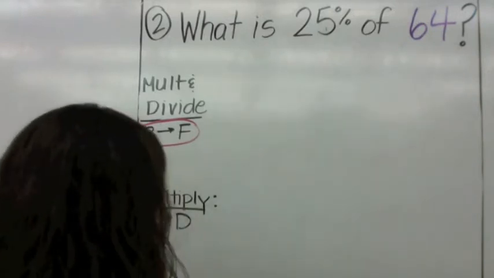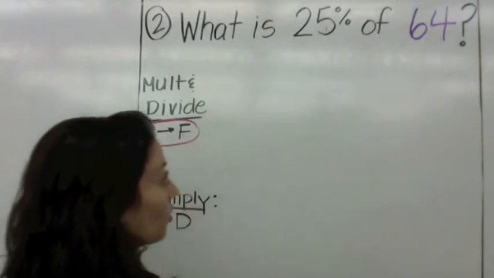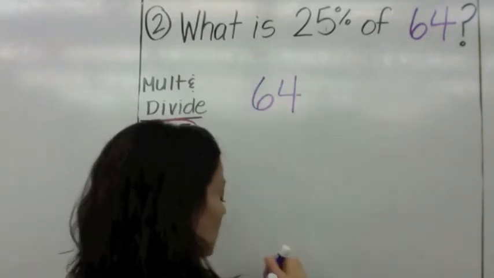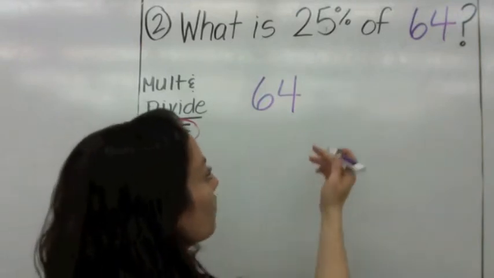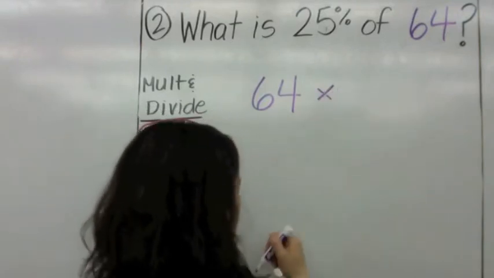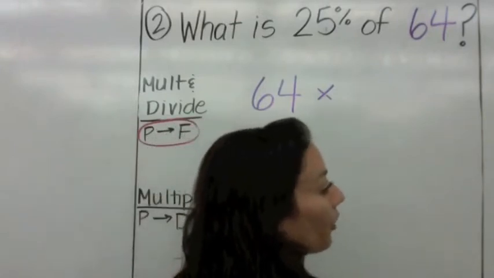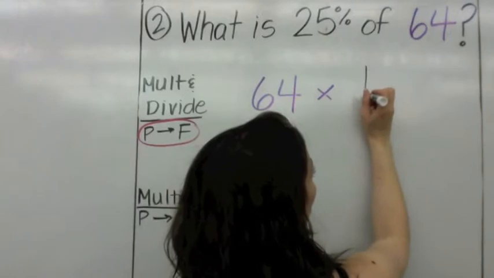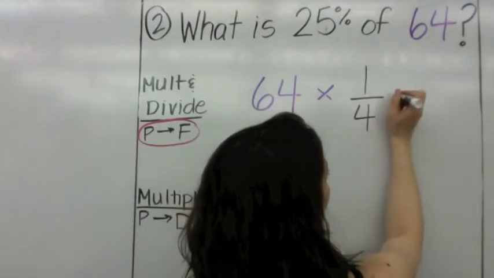Okay, so if you want to change the percentage into a fraction, you're going to start with the whole number, which is 64. It's asking, really, what is 1/4 of 64? You're going to multiply it by what fraction is a quarter? A quarter is 1 out of how many makes a dollar? 1 out of 4, that is correct.